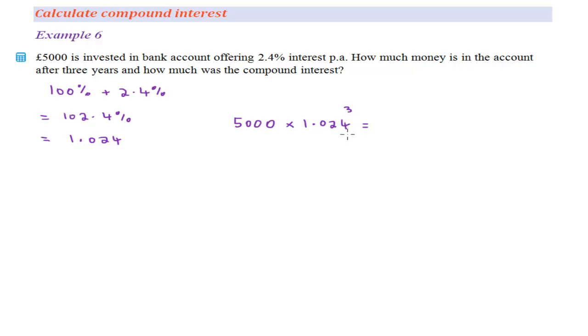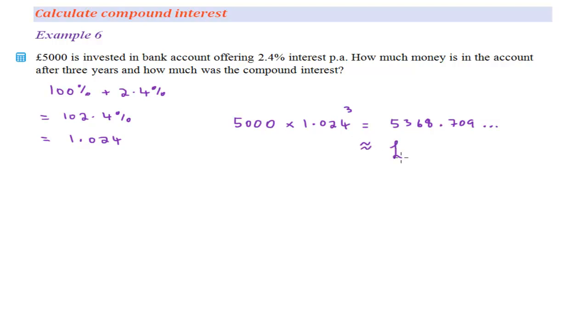So raising that to the power of 3, like we've seen in the earlier examples, gives us 5,368.709 and some stuff, which I am going to round to the nearest penny.